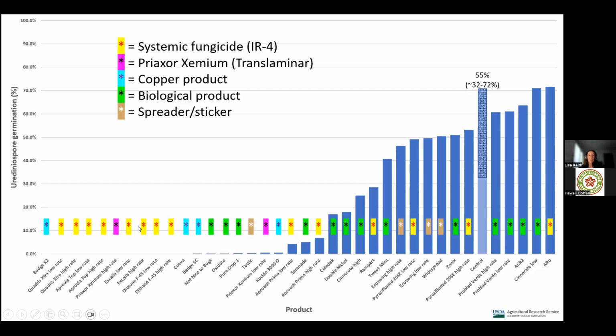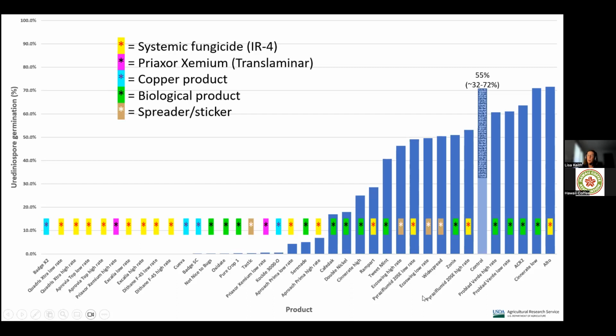Some of the systemics that IR4 is testing, excellent, but you can see certain others are not specific for this pathogen, which is good to know. Some of these others with the copper products, whether that be the one Cueva with detergent included or not, like Badge, quite effective. When you start to look at some of these other biologicals where double nickel, Serenade working well.